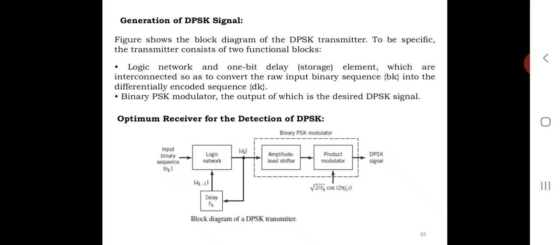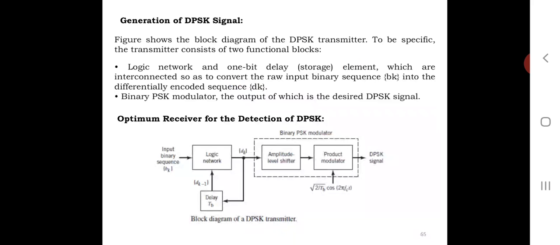For generating the DPSK signal, we have two functional blocks: the logic network and the 1-bit delay storage element, which are interconnected so as to convert the raw input binary sequence b_k into the differentially encoded sequence d_k, and a binary PSK modulator, the output of which is the desired DPSK signal.